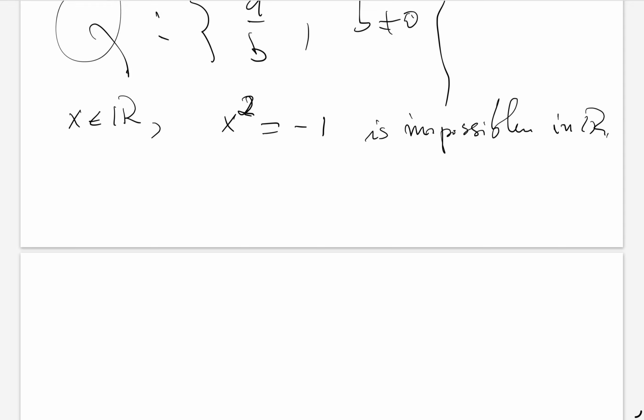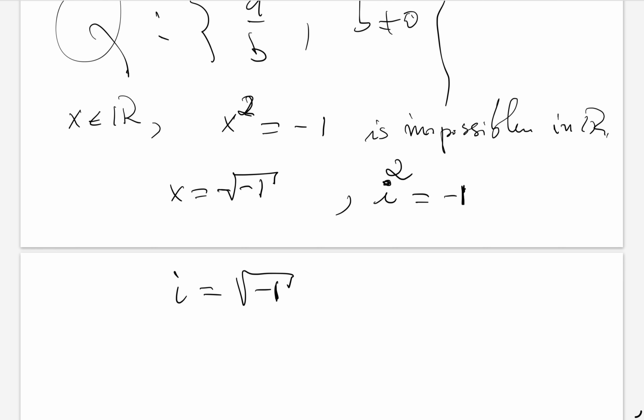it is possible in complex numbers. So the complex numbers is when you solve this one. x is equal to square root of -1, and i squared is equal to -1. That means i is equal to square root of -1.